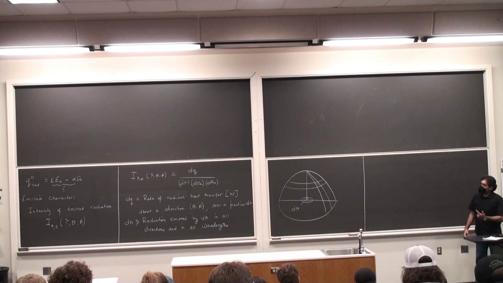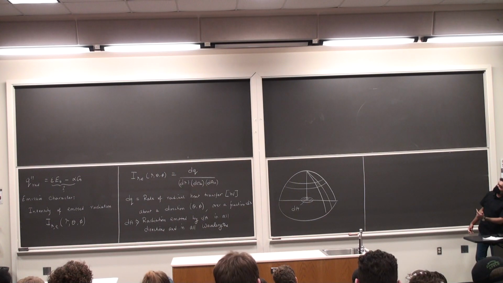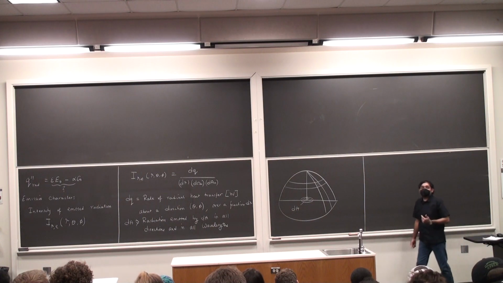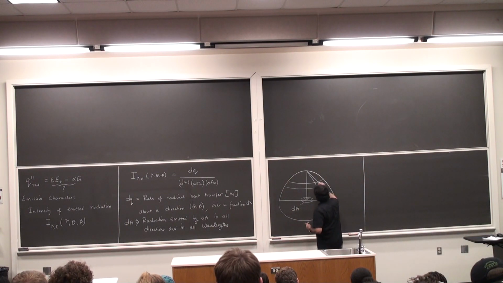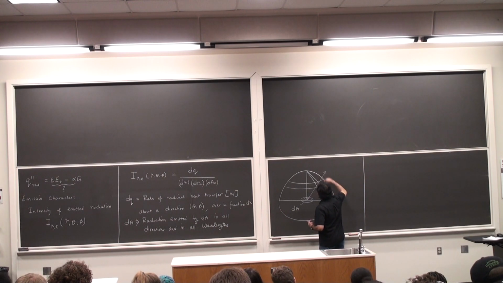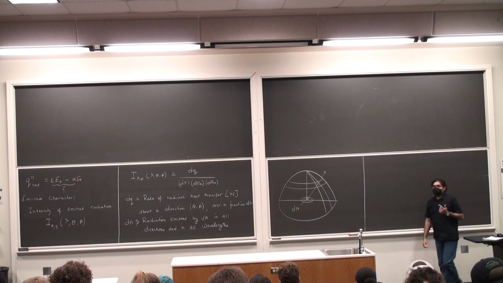Radiant energy, and I'm shading a small portion because I'm interested in the radiant energy emitted by the area dA and passing through that small shaded portion on the hemispherical shell. And that is the direction that I'm interested in.